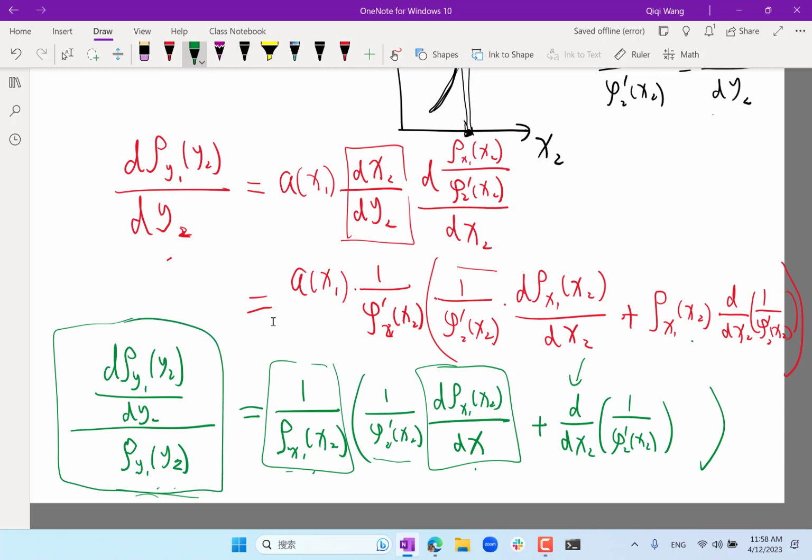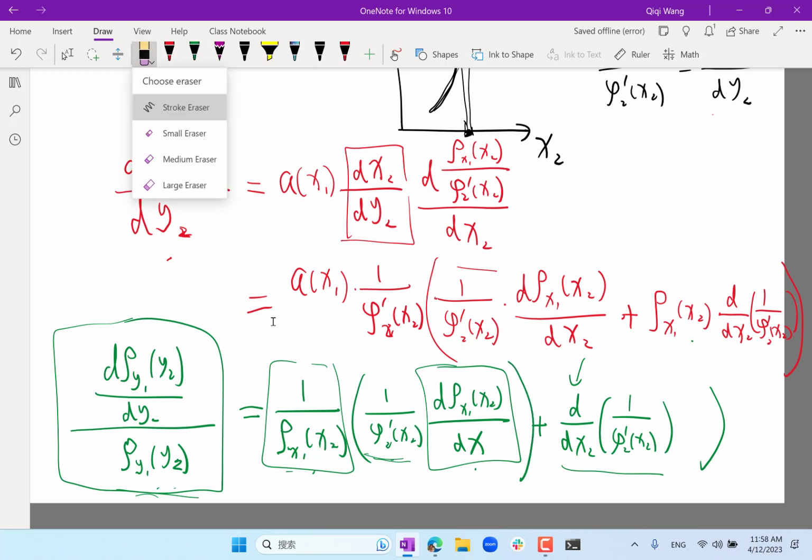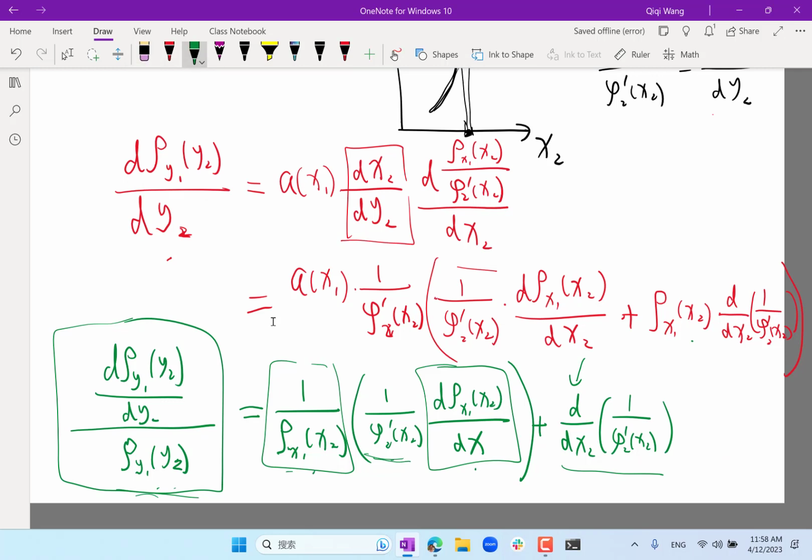Starting with the fractional derivative at the previous step, the next step is equal to the previous step divided by the slope, added with another quantity. Sorry, this is actually here. This wouldn't appear here, because in the second term, this actually cancels with this part, which is the rho x.